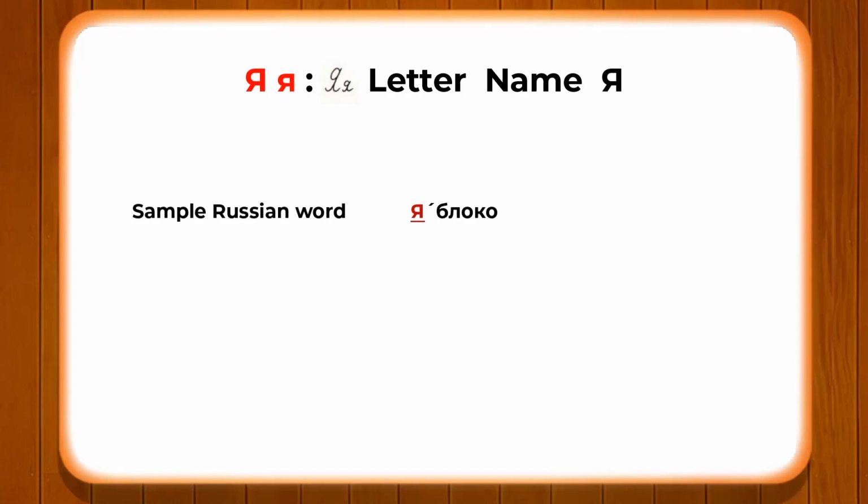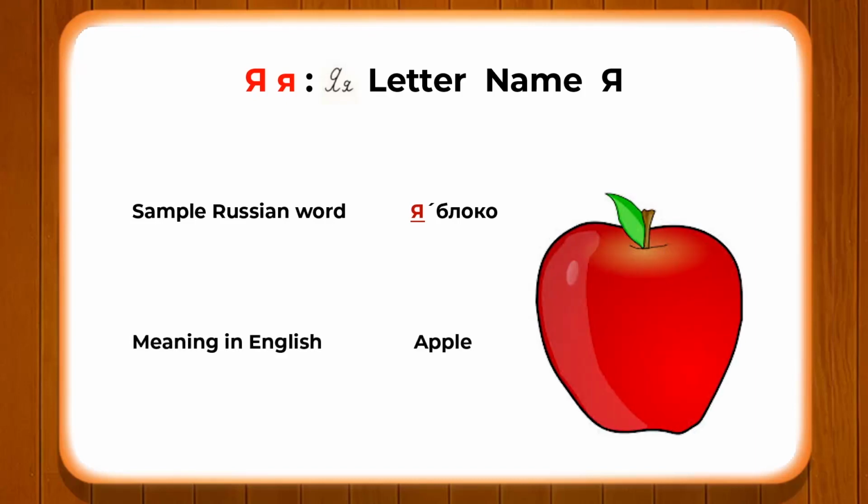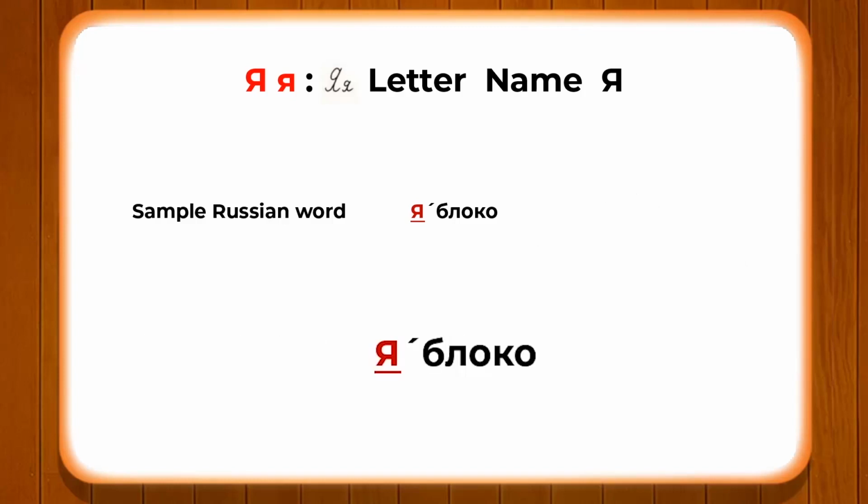However, you will find this sound exactly in the word yablaka, which means apple. And in this example again, you can also see the role of udareni or stress coming in. For example, the first vowel Ya has the stress, and the rest of the vowels, that is O after the letter K, is coming as A.